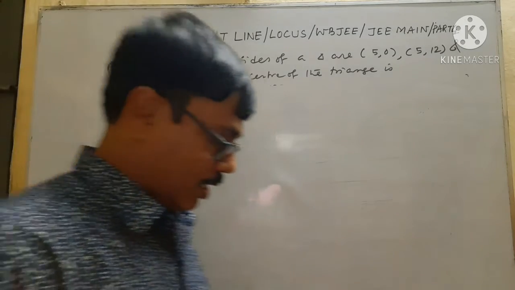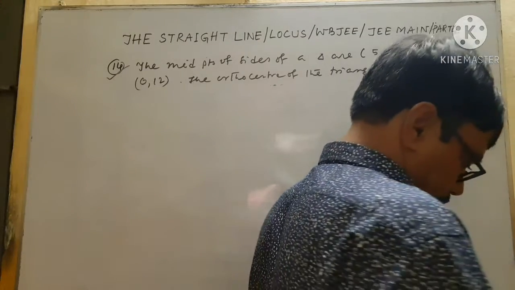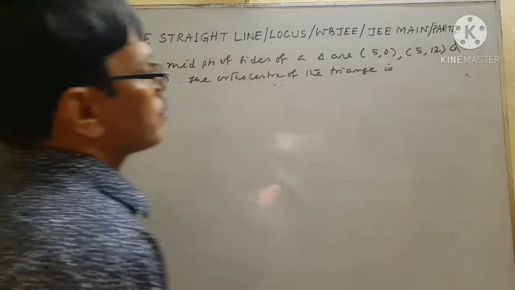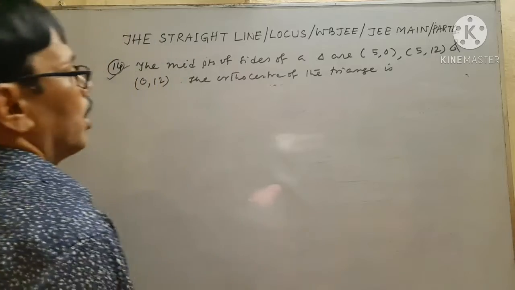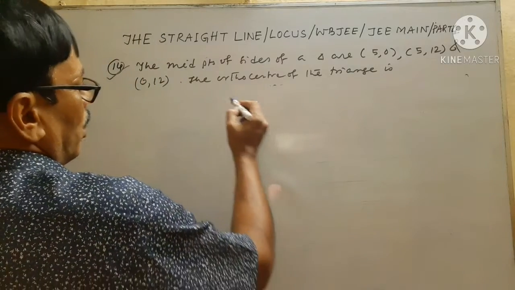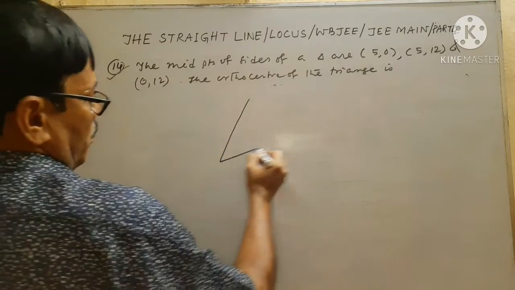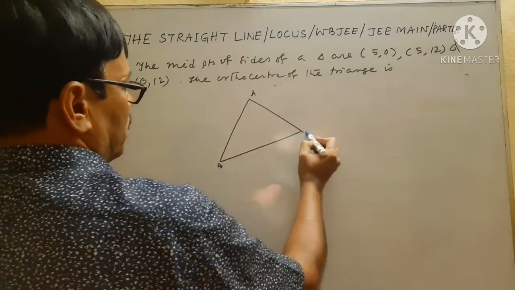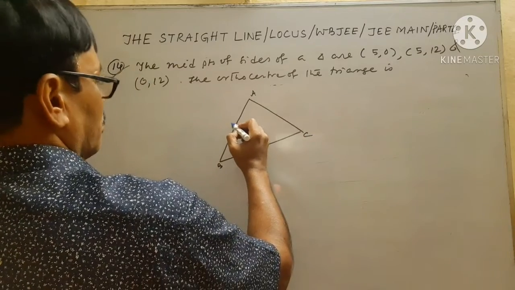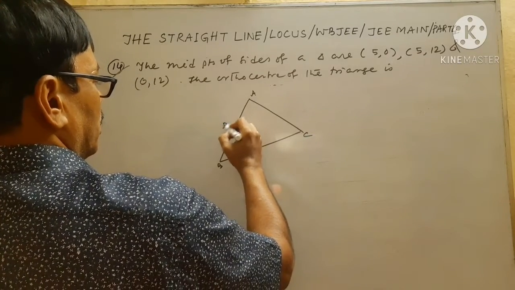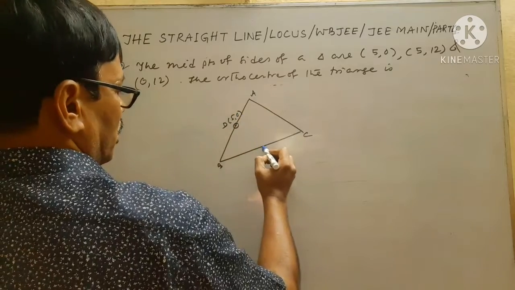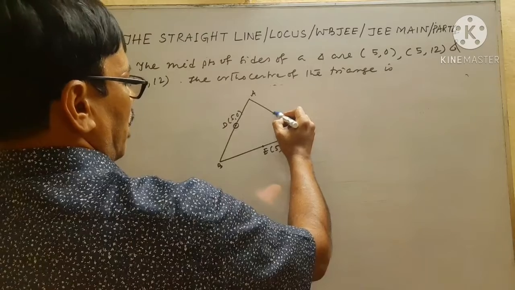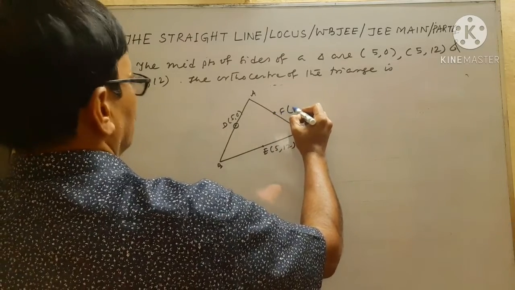The orthocenter of the triangle is to be found. So the midpoints are given. Here, with the vertices A, B, C, the midpoints are D (5, 0), E (5, 12), and, in a rough figure, F (0, 12).